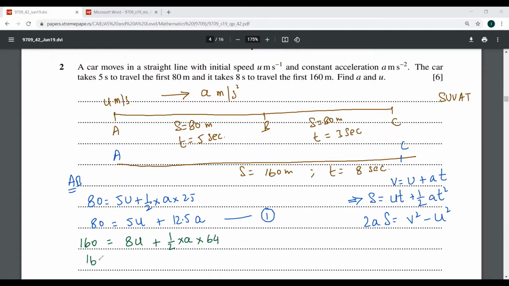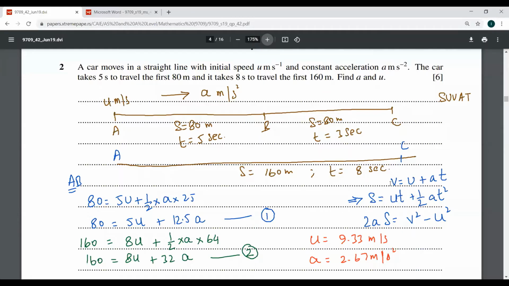So you have 160 equals 8u plus 32a. So that is your second equation. You must be able to solve these two equations simultaneously and you must get your u and a. Because the acceleration is constant throughout, nothing has changed. So that is why you can do that.